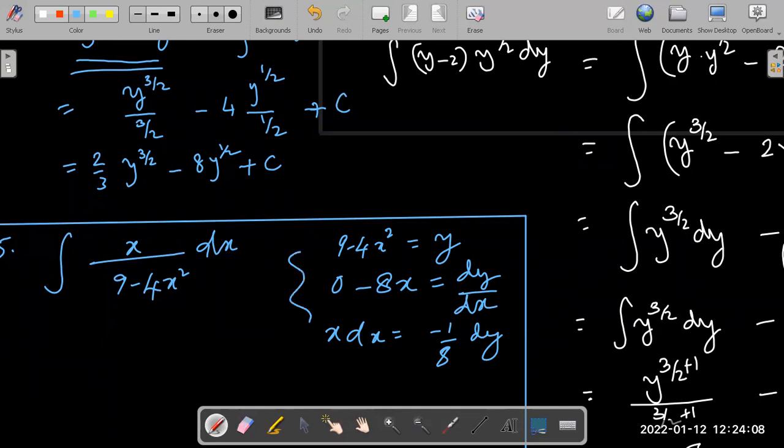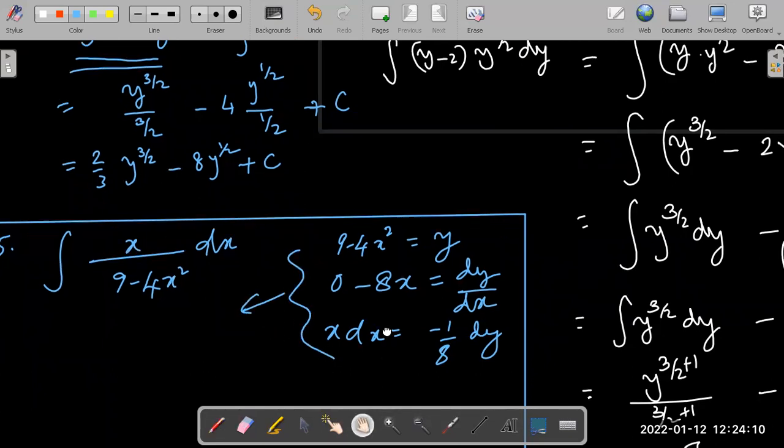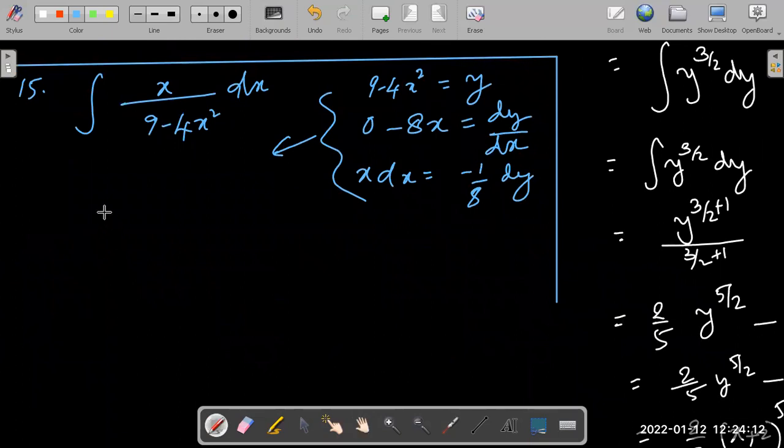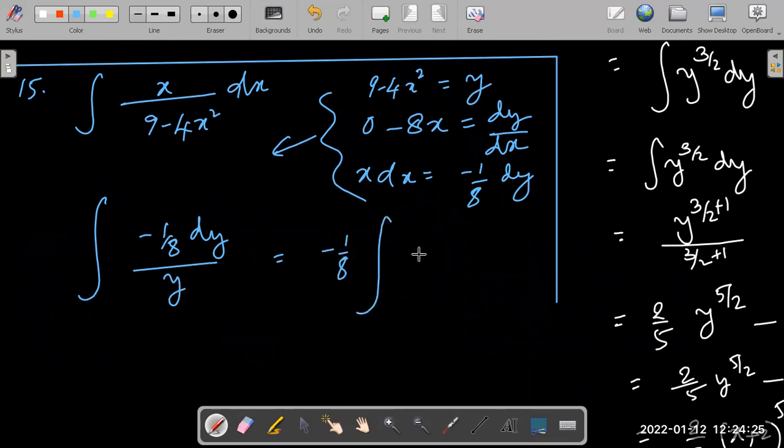You will be substituting this in the integral: x dx you will replace with minus 1 by 8 dy, divided by y. That will be minus 1 by 8 outside the integration, and you get 1 by y dy.